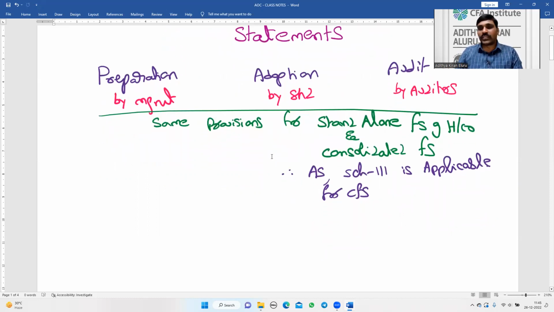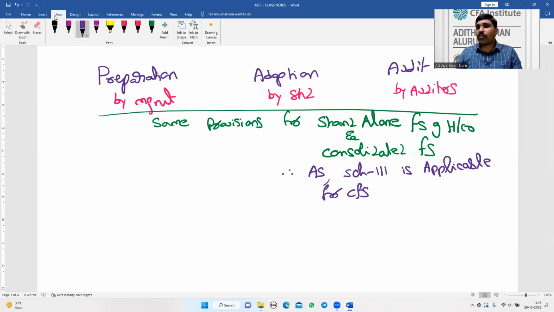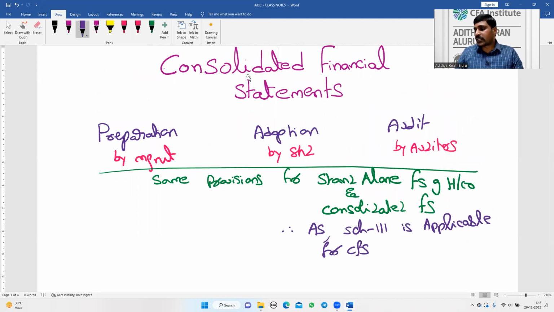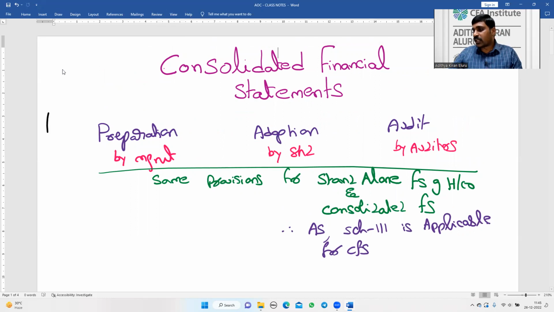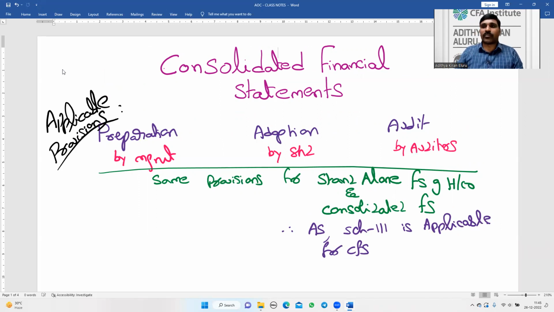Now, what are the components of consolidated financial statements? What are all included in the consolidated financial statements? These are the applicable provisions. With respect to preparation, adoption, and audit, whatever provisions are applicable to standalone financial statements of the holding company also apply to consolidated financial statements.